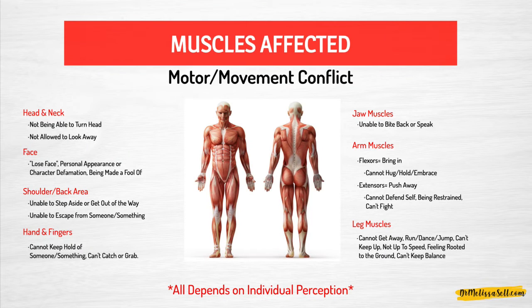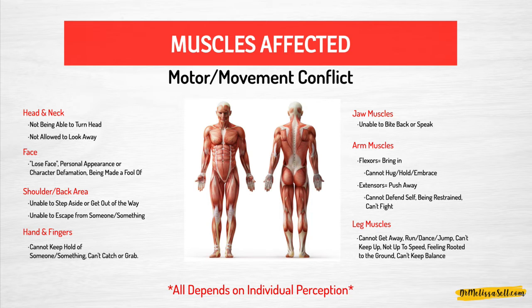Now, the muscles that are affected can tell us, again, a little bit more about the nuances of the situation that the person went through. Something with the head or neck, not being able to turn away or look away. This happens with babies when they are in the womb, and perhaps if there's a misalignment in the pelvis or some kind of uterine restriction and the baby's stuck in a position where they're unable to move their head, they might develop torticollis.